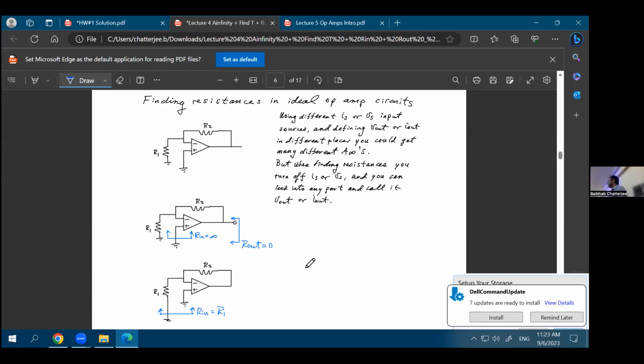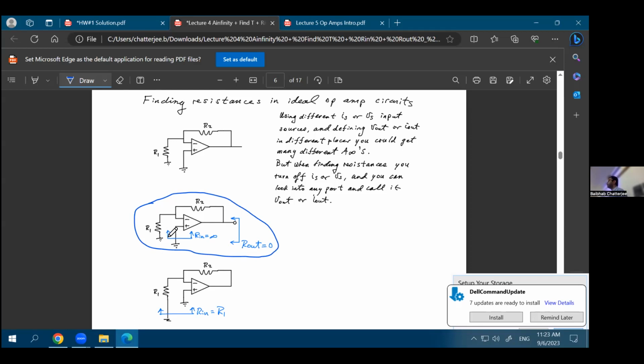Okay. So if you want to look at a few examples, and these are not complex examples per se, it'll be very easy if we just look at one or two. The first one is this circuit. You have an op-amp, and you have two resistances, R1 and then an R2 in feedback.